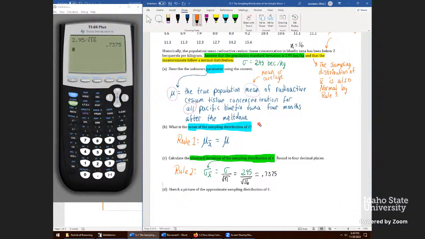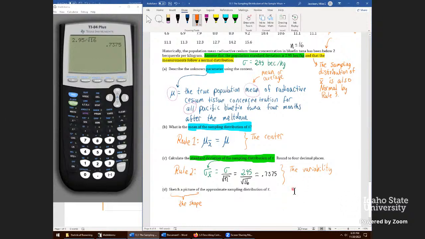Here they changed the wording, but what we calculated was the center. What we calculated here is the variability. And when they say sketch a picture, we're now just sketching the shape of the approximate sampling distribution of X bar.